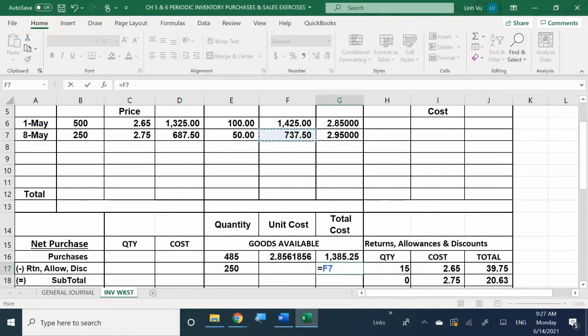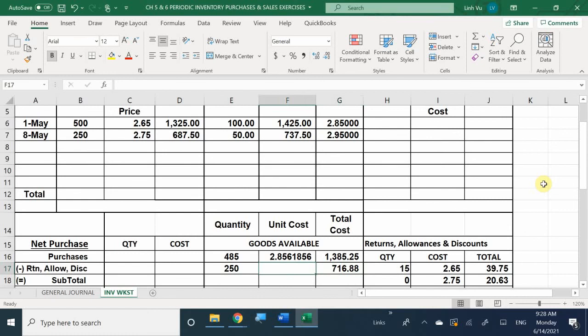Therefore, I'm not going to be charged for the full $737, I'm going to take $20.63 less than that. So what should be the total amount that I owe now for this specific batch? 716. Good. 716.87.